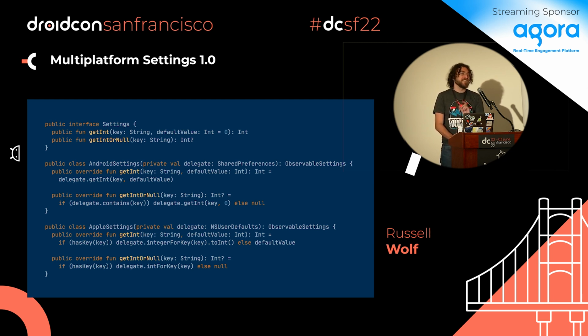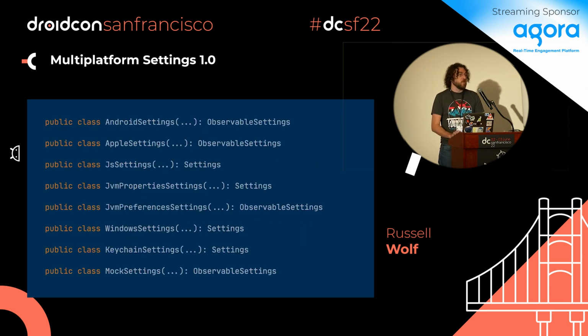So if you don't want to pass the default value for when a value isn't present, you can have it return null instead of returning a default. The platform-specific implementations are implementations of an interface rather than being actual declarations of an expect class.